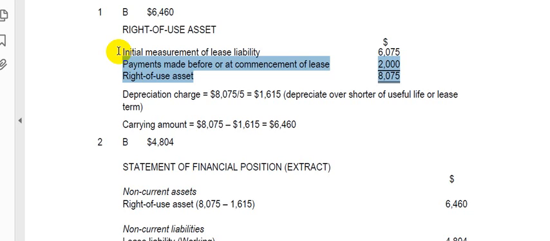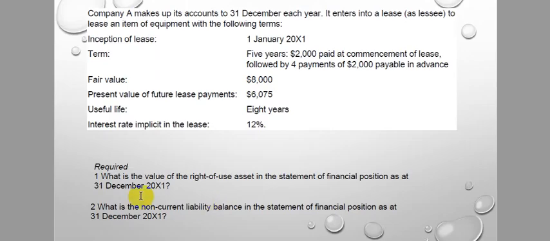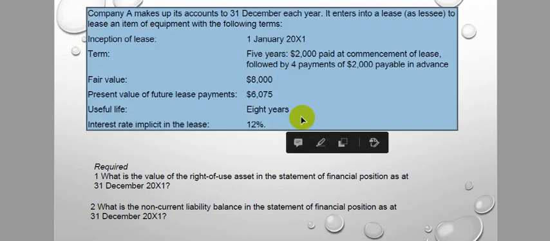And then the right of use asset will be depreciated over the 5 years, being the shorter of the lease contract, 5 years, and the useful life of 8 years, so we go for the shorter.